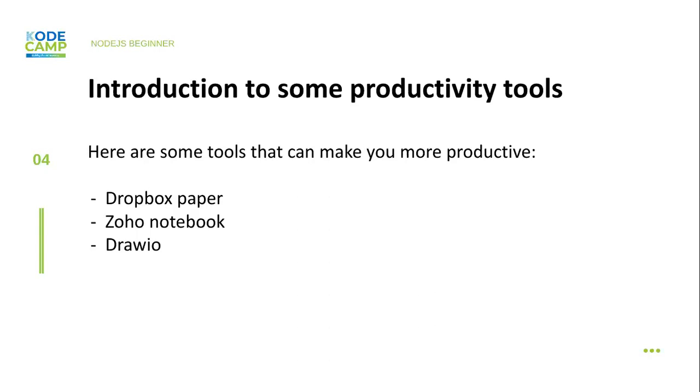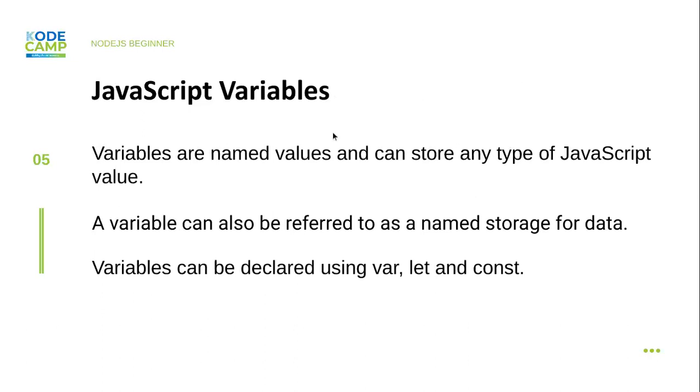Okay, cool. All right, so let's talk about JavaScript variables. In your mathematics, everybody here, when you were doing mathematics, you used to say a is equals to 5. Let's just use that as an example.